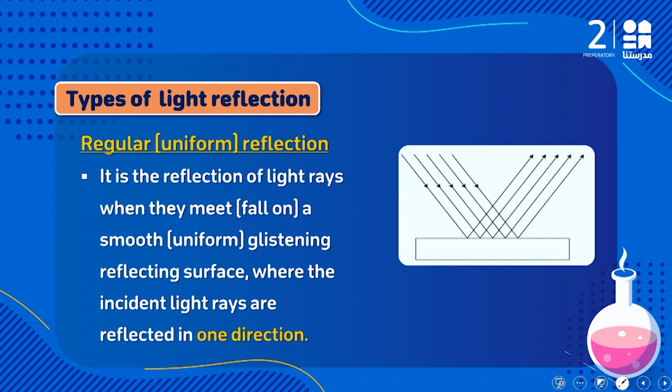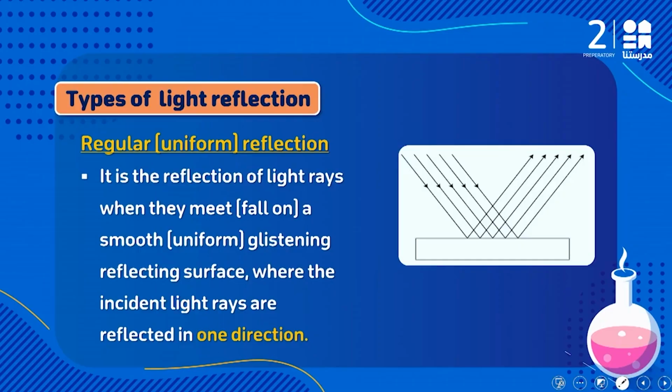That is a straight surface, with no holes and no ups and downs. So it's called a shiny or smooth surface. What is going to happen? The light rays are going to reflect in one direction.